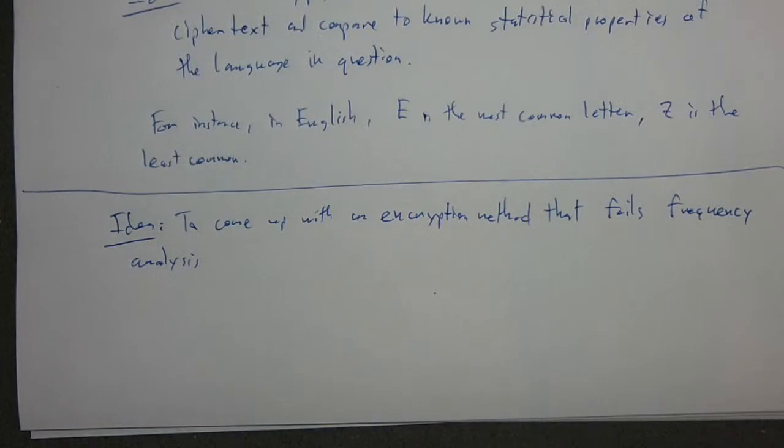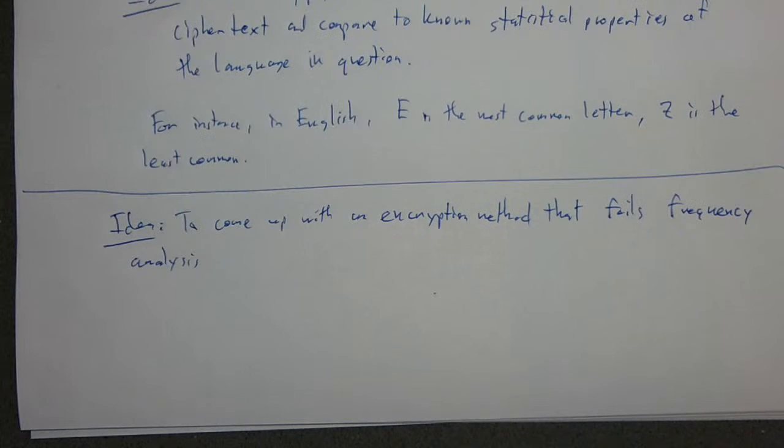So it's the uneven distribution of the frequency of letters that allows frequency analysis to be useful. The problem is that shifting doesn't affect that, right? A shift cipher is not going to change the frequency.